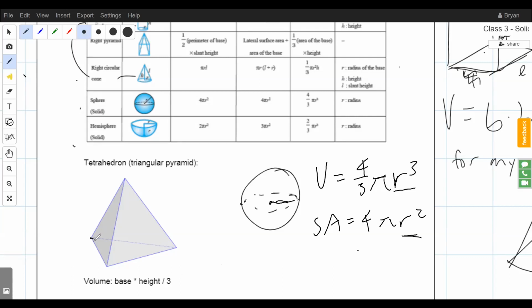For a regular tetrahedron, all faces are equilateral, and when you drop the height from the vertex to the base, you always hit the centroid of the triangle. I believe this might be true for any kind of triangular pyramid as well. Don't quote me on that.